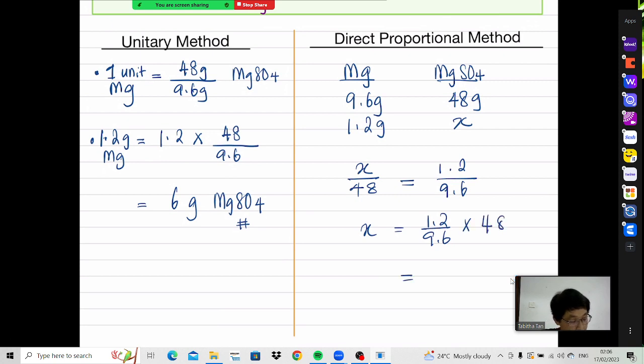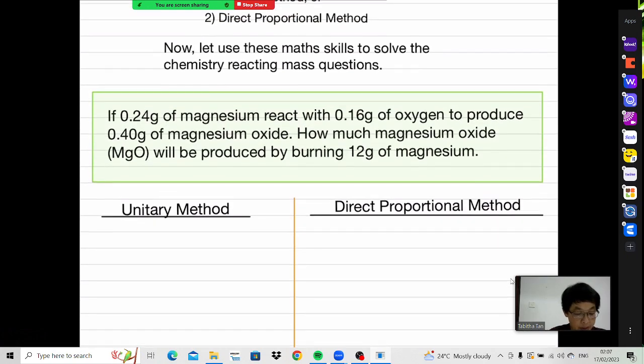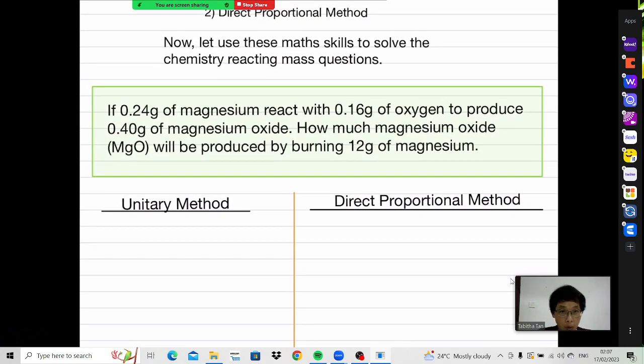You can just press the calculator and I bet you will get this beautiful number 6 there. Got it? Alright, so why not we move on to one more example. One more example and you'll be ready to give it a try.